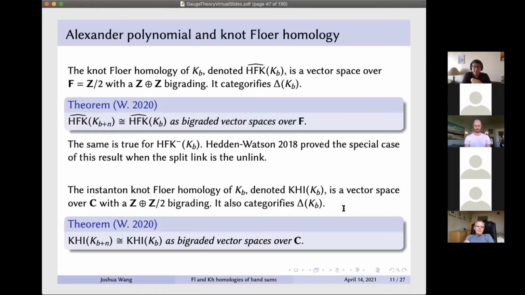Eventually I'm going to show that these knots are all distinct when the band is not trivial. So you can view these results as giving you many, many infinite families of knots which all have the same knot Floer homology. I'm going to explain a proof of the result for knot Floer homology in the context of Heegaard Floer homology, and the proof for instanton knot Floer homology is structurally the exact same.